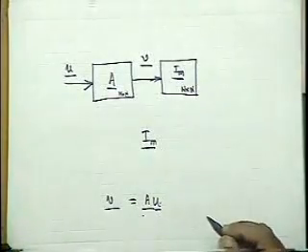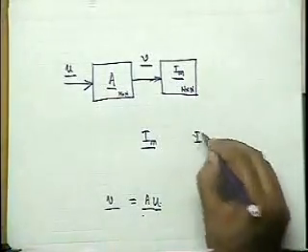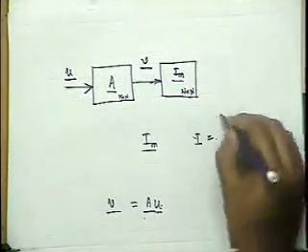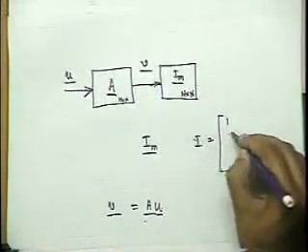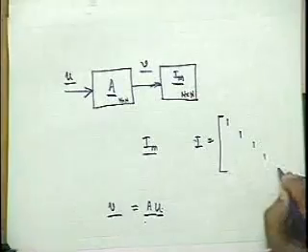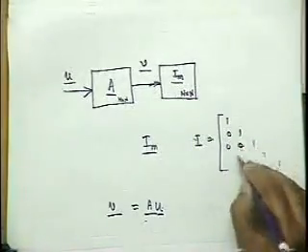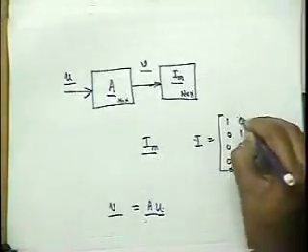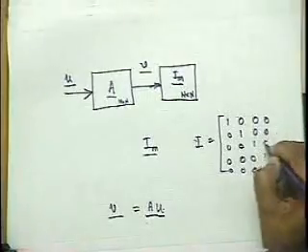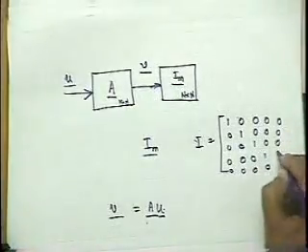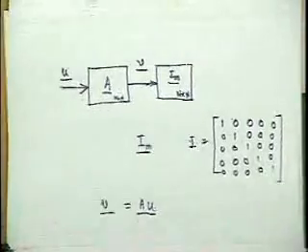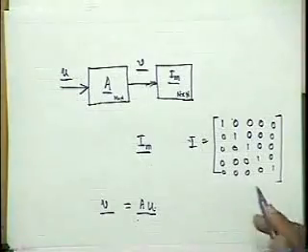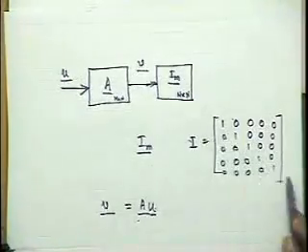And let me tell you what this Im means. What do I call the I matrix? The I matrix is the usual identity matrix, which you already know, in which all the diagonal elements are 1 and the rest of the elements are all zeros. And in the case of Im, I am not making all the diagonal elements 1.